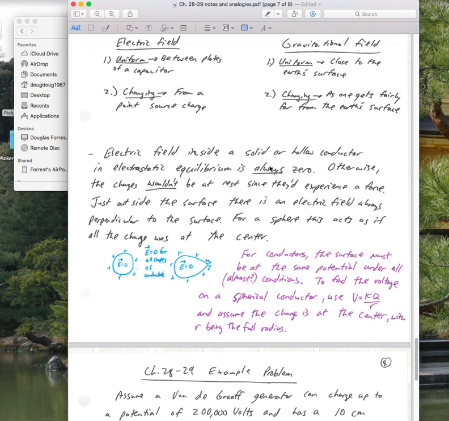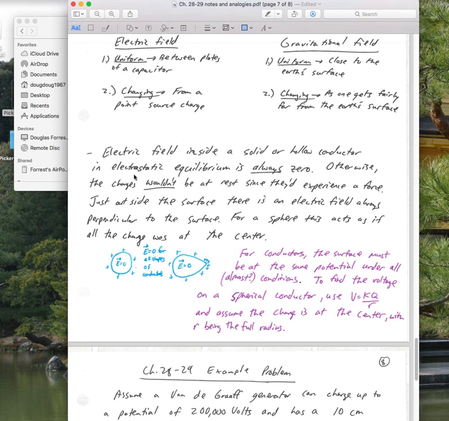The electric field inside a solid or hollow conductor, by the way, in electrostatic equilibrium is always zero. Otherwise, the charges wouldn't be at rest since they'd experience a force. And this also means that for a conducting surface, the electric field lines must always point perpendicular to the surface, because for a metal, this has to be an equipotential surface.